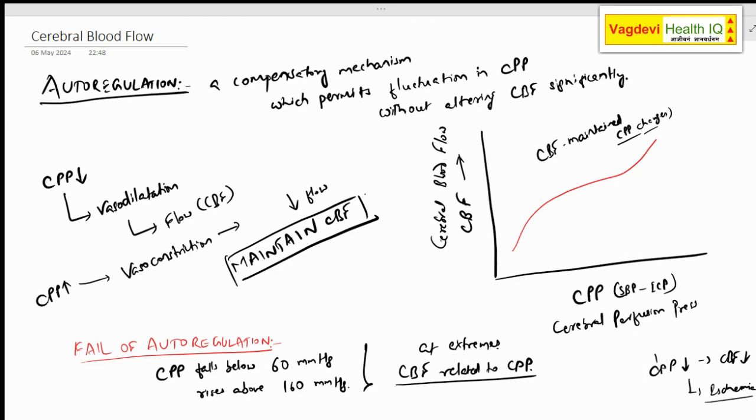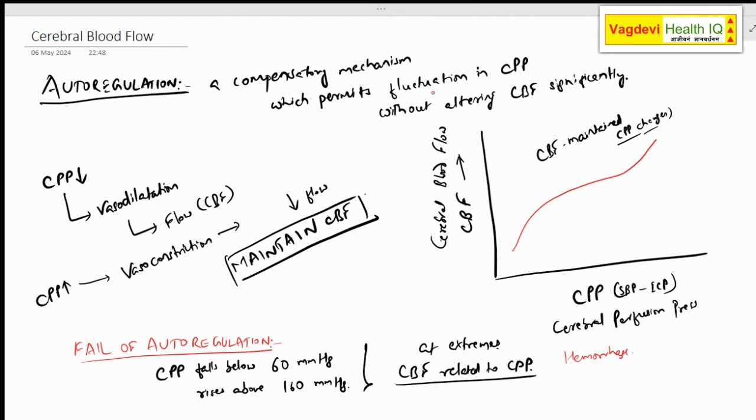In case of hemorrhage, any kind of subarachnoid hemorrhage or head injury, anything. Just 1 minute, I'll make it more clear. Suppose there is a case of hemorrhage, subarachnoid or head injury or anything.